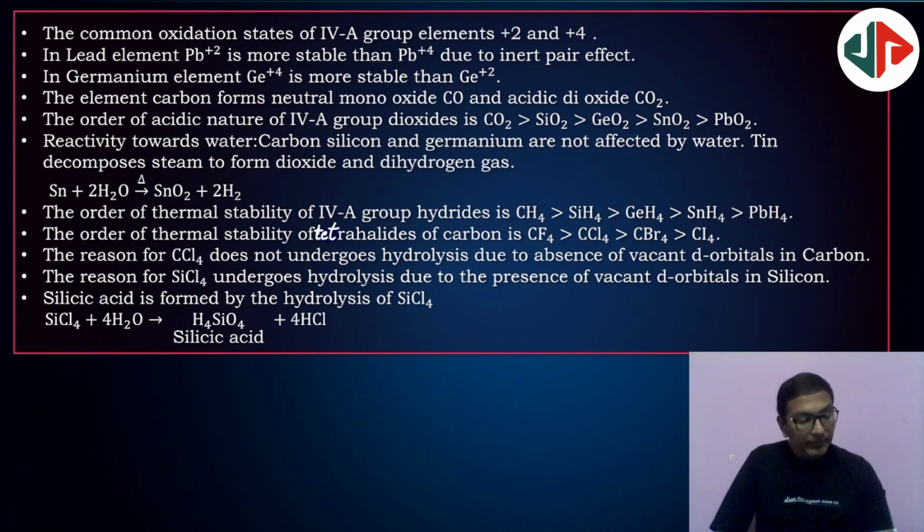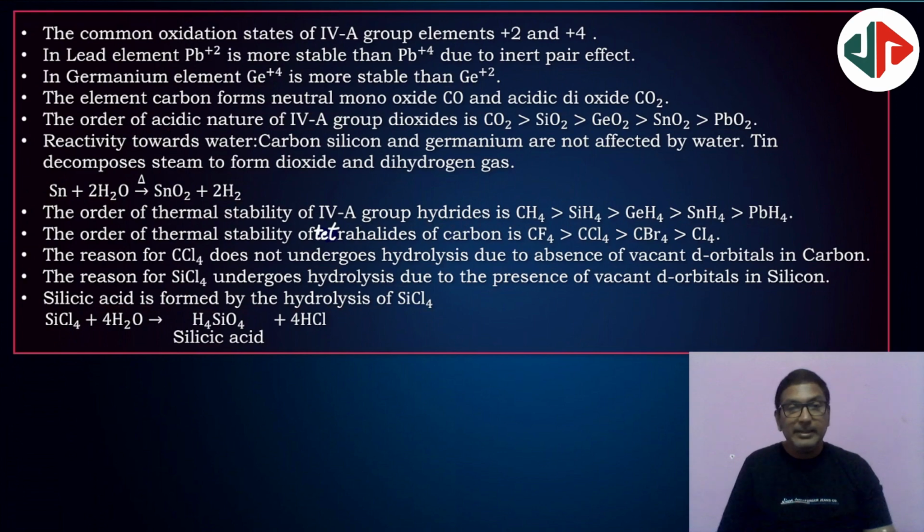Next, CCl4 does not undergo hydrolysis due to the absence of d orbitals in carbon, while SiCl4 undergoes hydrolysis due to d orbitals. Very, very important. This is also a previous question. Next, silicic acid, H4SiO4, is formed by hydrolysis of SiCl4.